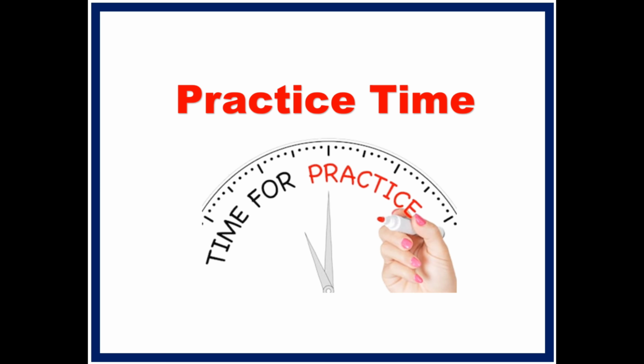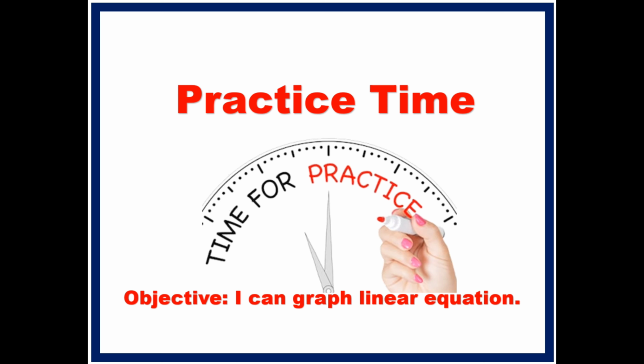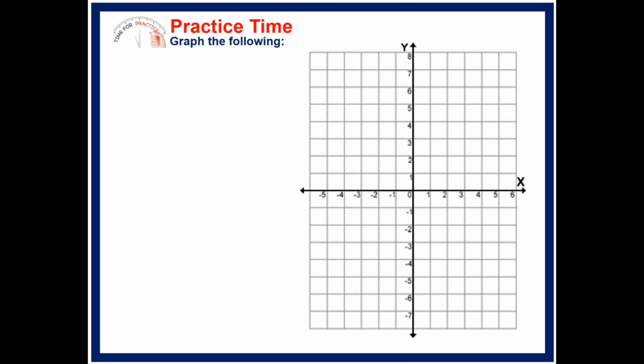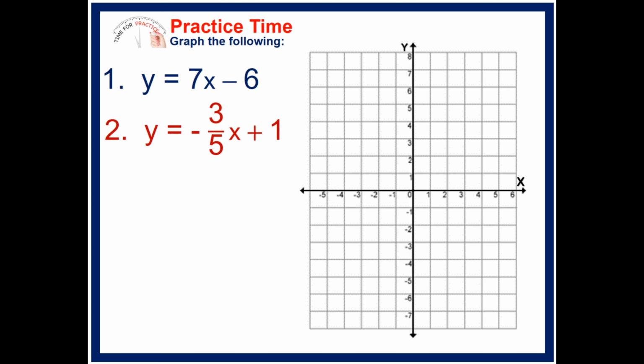Practice time. Again, the objective: I can graph linear equations. Graph the following. Number 1, y equals 7x minus 6. Number 2, y equals negative 3 over 5x plus 1.